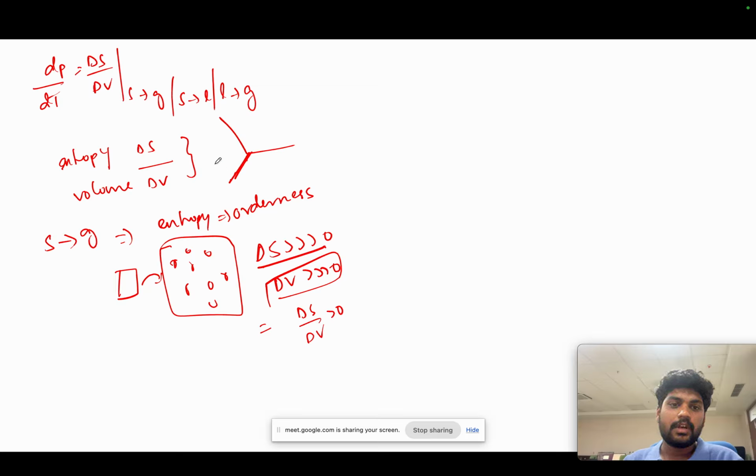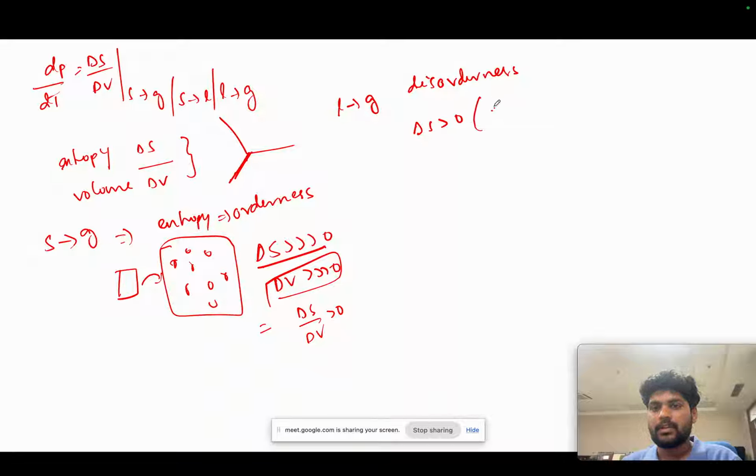And once after this, if you go from the liquids to the gases, there will be disorderness from the liquid to gas, but it will be comparatively less when compared with solid to gases, and still this will be more.